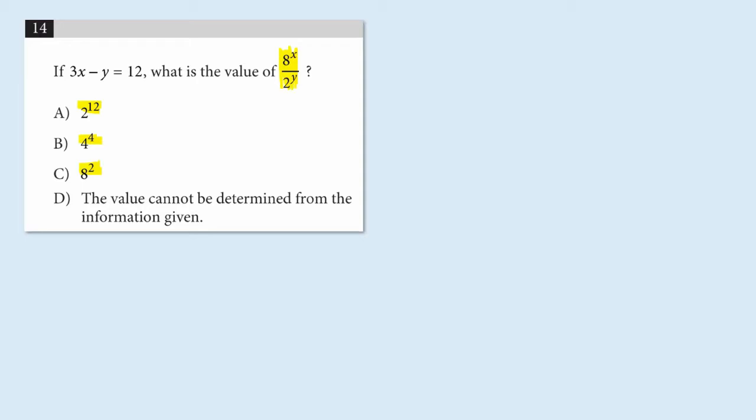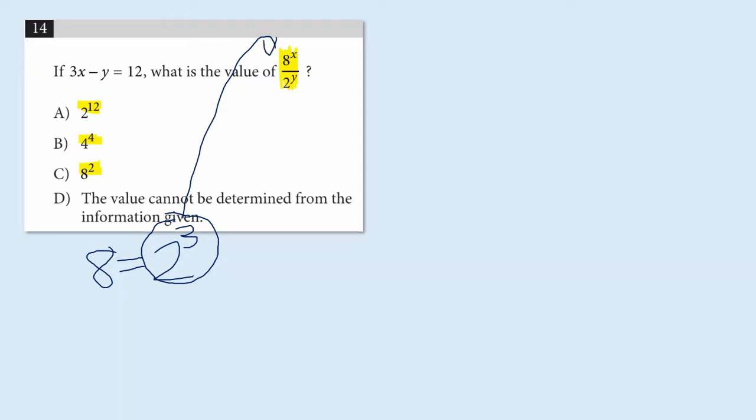And you may recall that 8 is equal to 2 to the third power, because 2 times 2 is 4 times 2 is 8. So all we're going to do is take this 2 to the third power and substitute it in for 8 here.